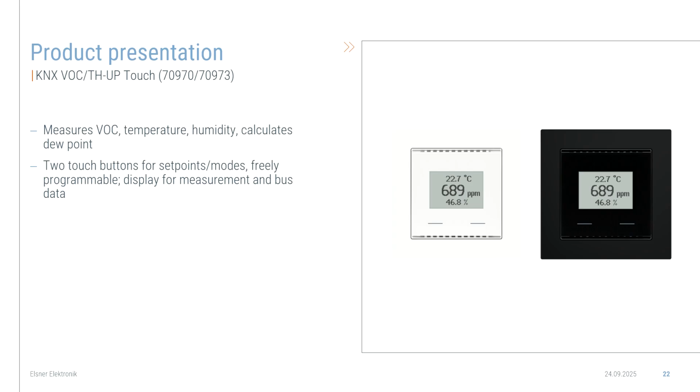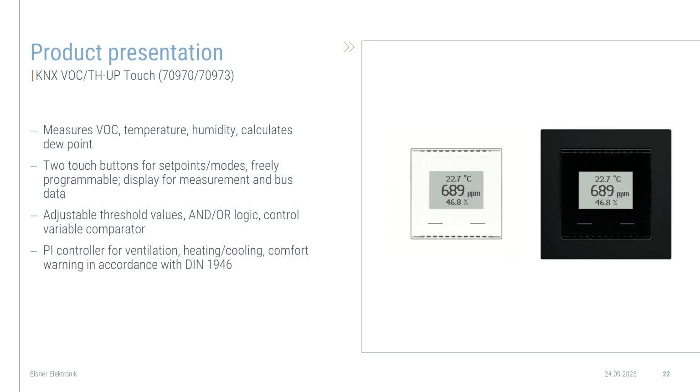And the display is for measurement and bus data. It's parameterizable via ETS. It has adjustable threshold values and an OR logic and control variable comparator. And as the product before, a PI controller is integrated.